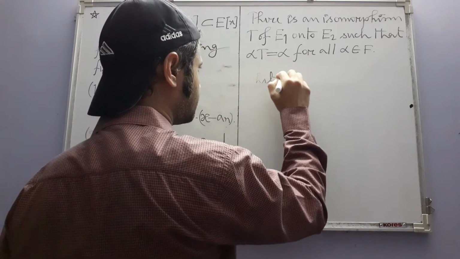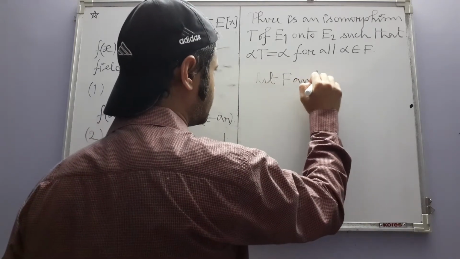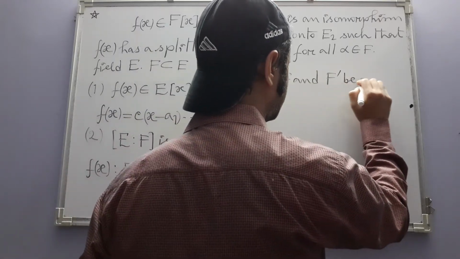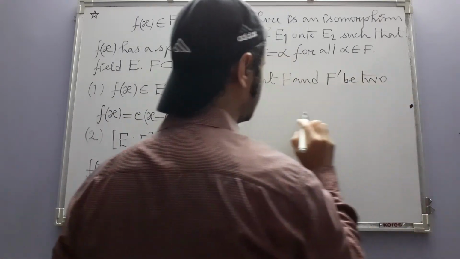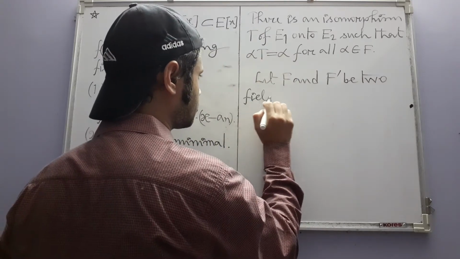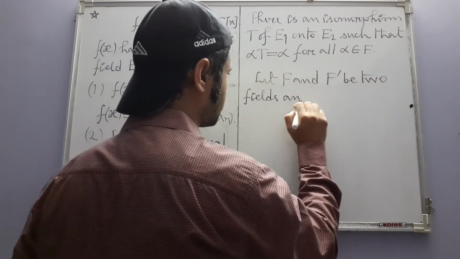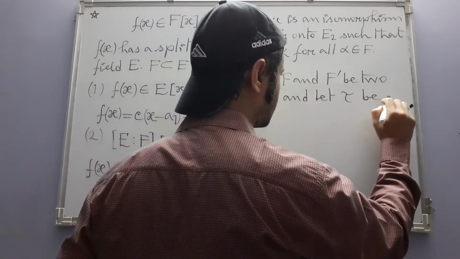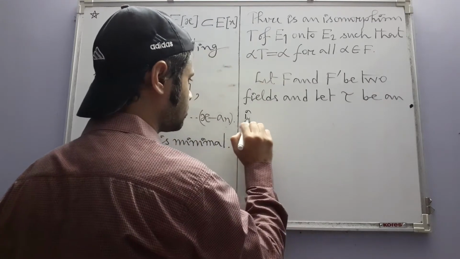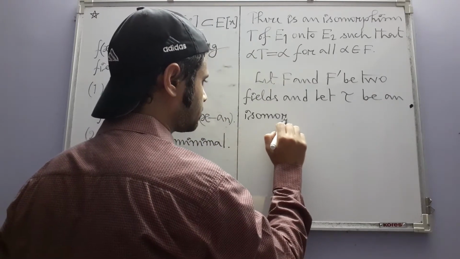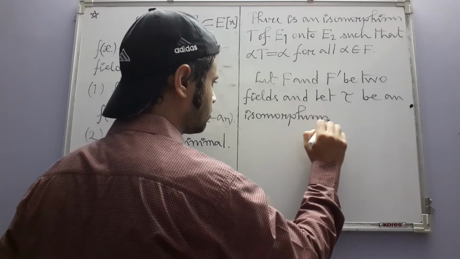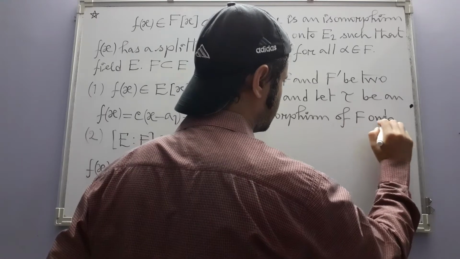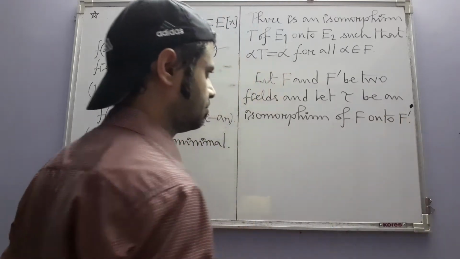Let F and F' be two fields, and let τ be an isomorphism of F onto F'.